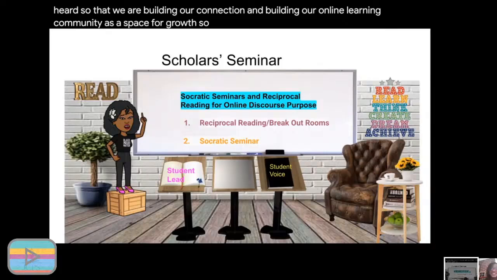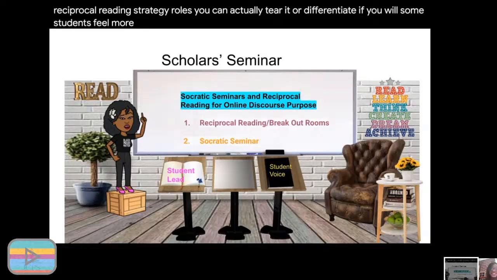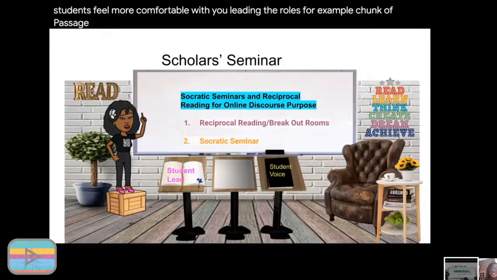So in this particular setting, when we do the reciprocal reading strategy roles, you can actually tier it or differentiate, if you will. Some students feel more comfortable with you leading the roles. For example, chunk a passage, read a little bit at a time, and then say we are doing this role as we read.